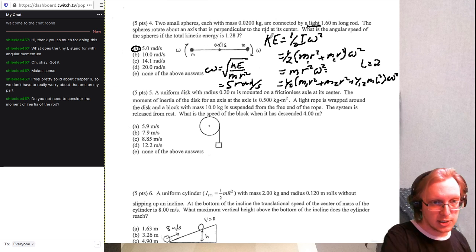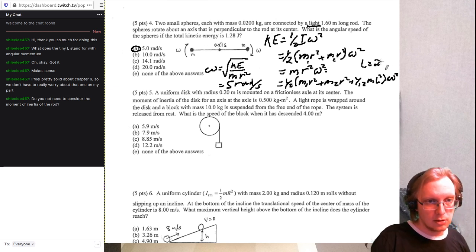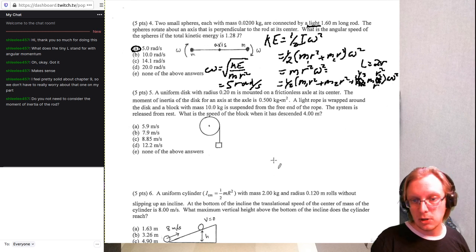Let's be consistent about our r's. So then that would make this an r here, and you end up with a 4 here, so you end up with 1/3 r squared here, and this would be for the rod itself.